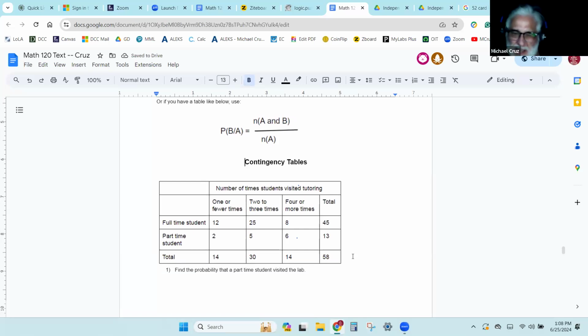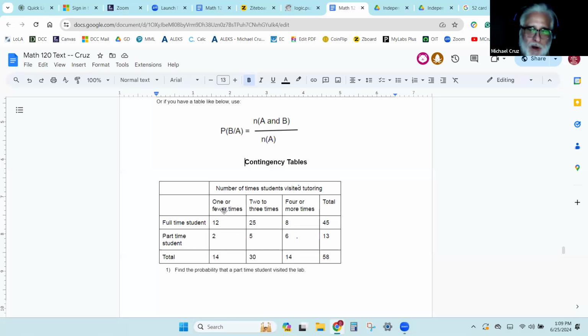So here's the contingency table. It's broken into 2 rows, full-time student, part-time student, and then the third row is the totals going down. And what this is for, it's like a log. We do this at Delgado, like students come into the tutoring lab, write down their information.